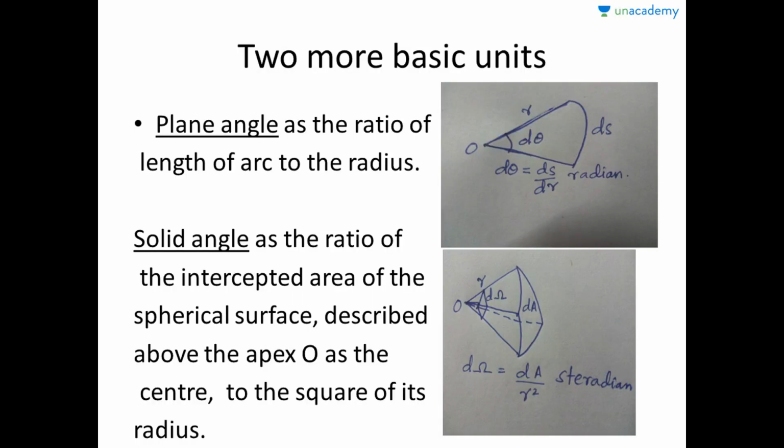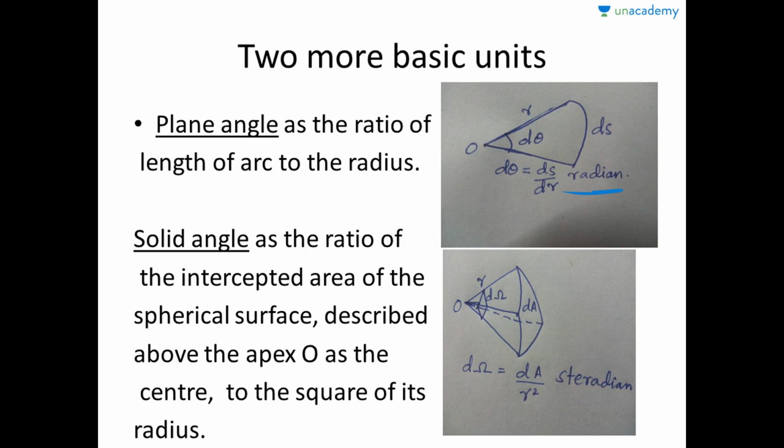There are 2 more basic units in the SI system, which are plane angle and solid angle. Plane angle is the ratio of length of arc to the radius, which is dθ equal to ds by dr. The unit is radian.